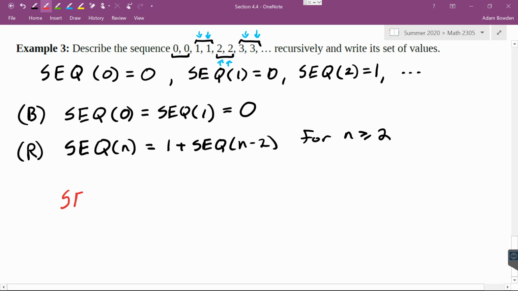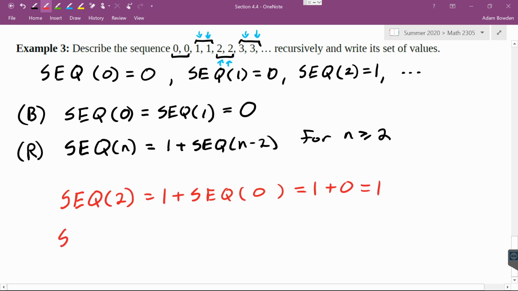So for instance, if we start from sequence of 2, we already have the first 2 defined up above as 0, then that would be 1 plus the sequence of 2 minus 2, or 0 in other words. So that would be 1 plus 0, which is 1.